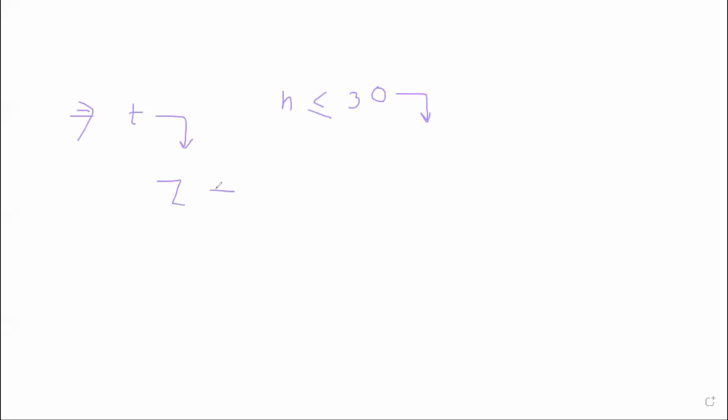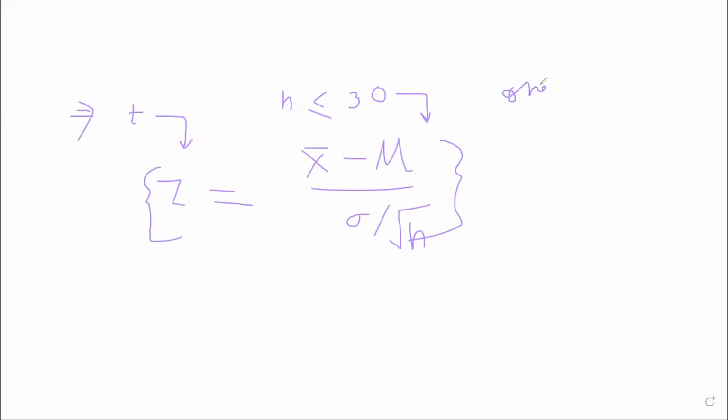And the formula for this is x mean minus mu upon standard error, that is sigma upon under root n. This is known as the t-test and Z test. And there are two kinds of t-test, that is one sample test and two sample test.